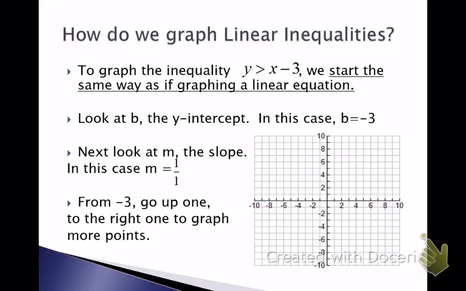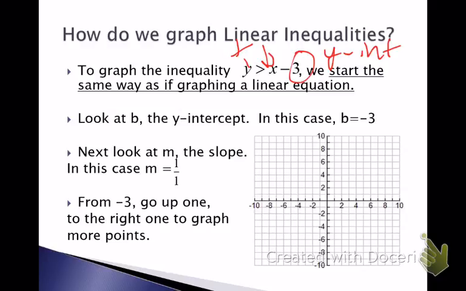All right, now, how do we graph these linear inequalities? Well, we're going to graph them the same way that we graph linear equations. We want to get it in slope-intercept form, so get it into y equals mx plus b. And the same thing still applies. This is going to be your y-intercept, and your slope here is going to be 1 over 1.